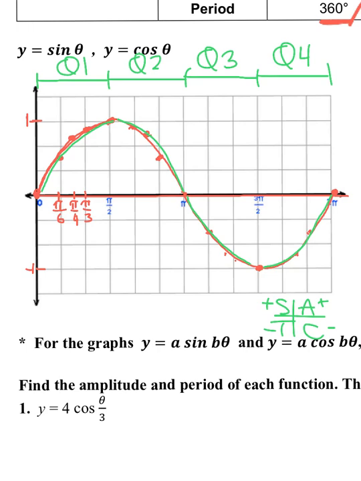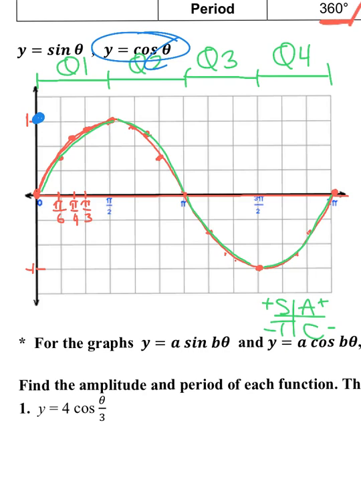All right, let's go ahead and try it now for cosine. So let me go into blue. I'm going to do cosine in blue. Same idea. Now if you look at your unit circle, cosine is the x-coordinate. So we're going to use those same angles. At 0 radians, the x-coordinate on the unit circle is 1. So here we're going to start at 1 and plot that point.